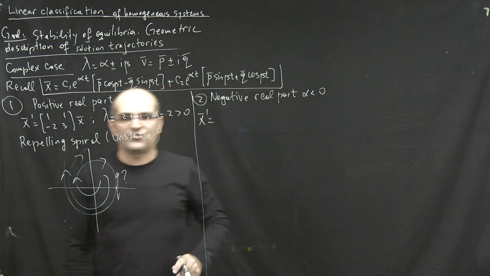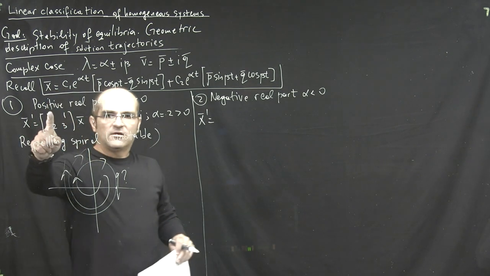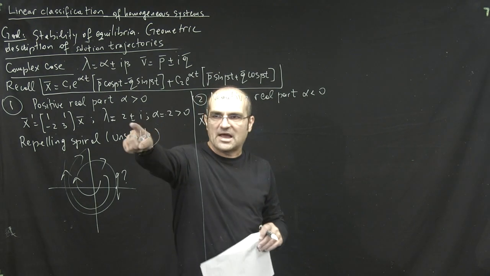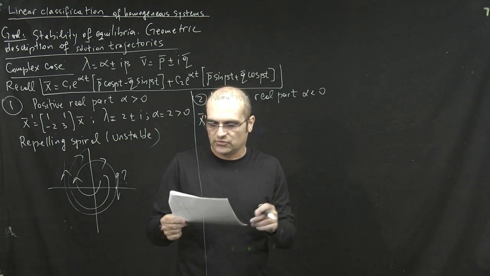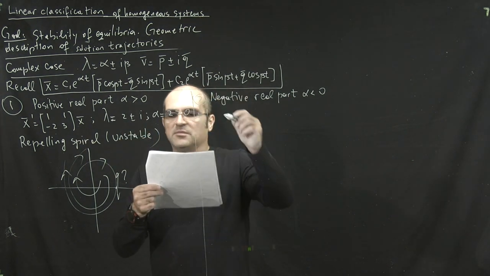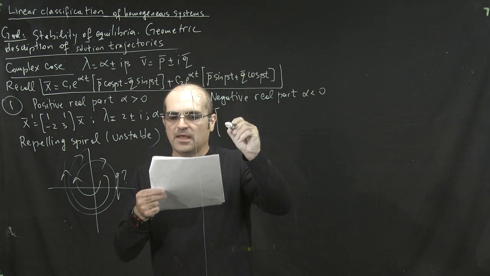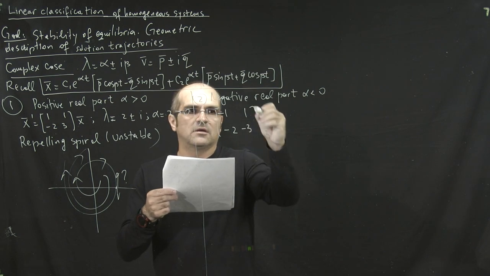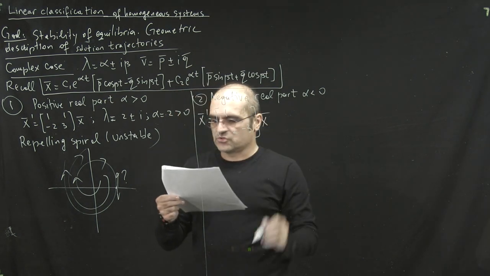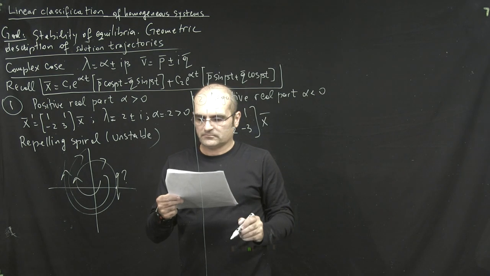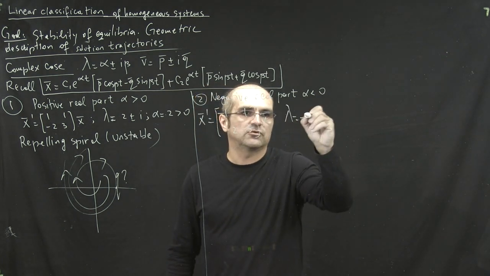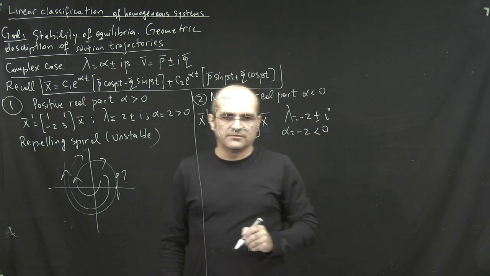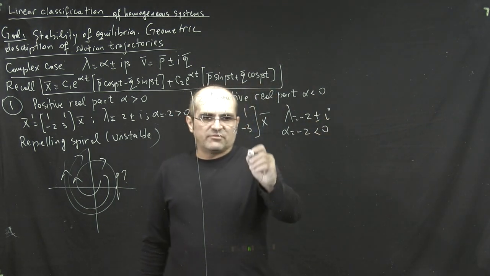Same little trick as before: if you interchange the sign of the main diagonal, you get the same eigenvalue, but with the opposite sign real part. So if it was 2 for this example, by interchanging the signs on the main diagonal, you're going to get lambda equals minus 2 plus minus i, and alpha equals minus 2, which is obviously negative. And the picture will be very similar.